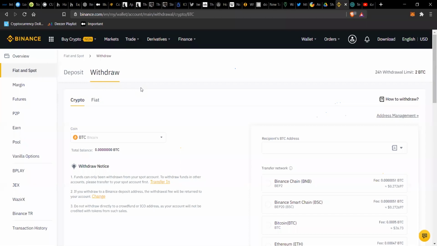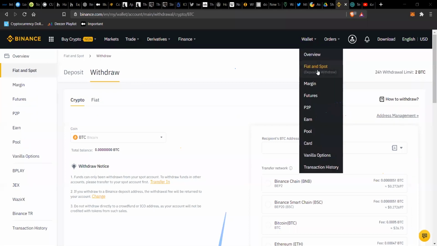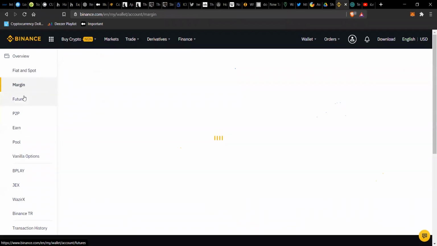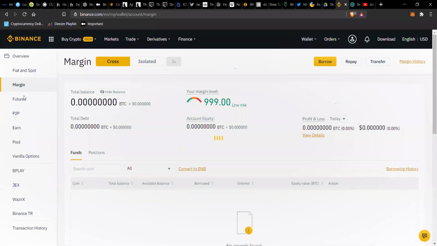So moving on from here, the next thing you would see is margin and futures, which is by this side. It's the same thing as taking it from the top: fiat and spot, the margin and futures. If I click on margin and futures, now we won't be going into margin and futures trading, but here I'm checking an overview of my wallet.